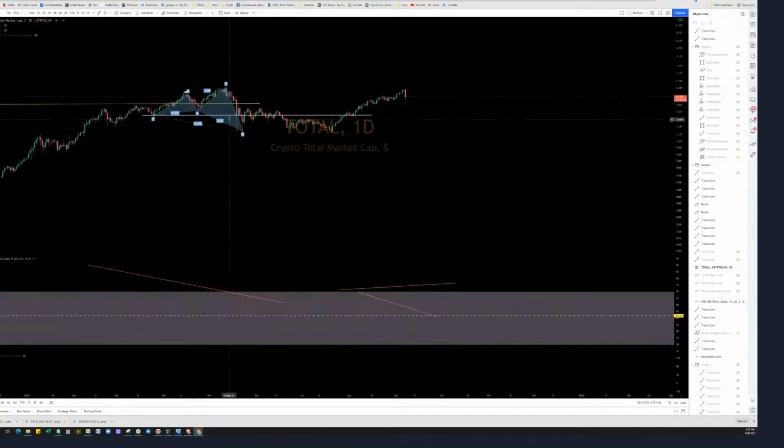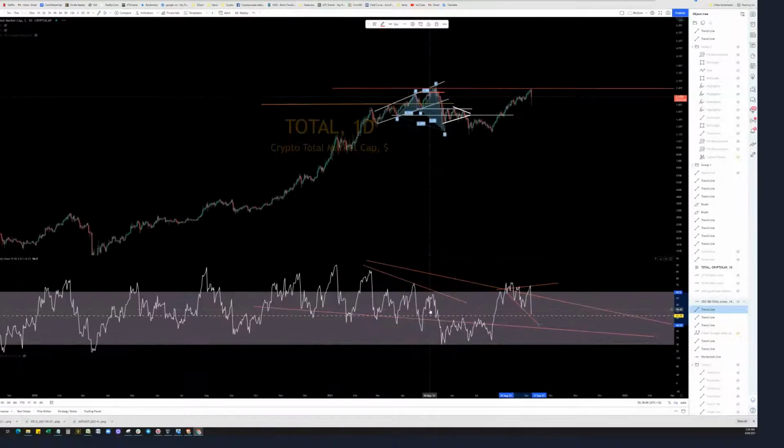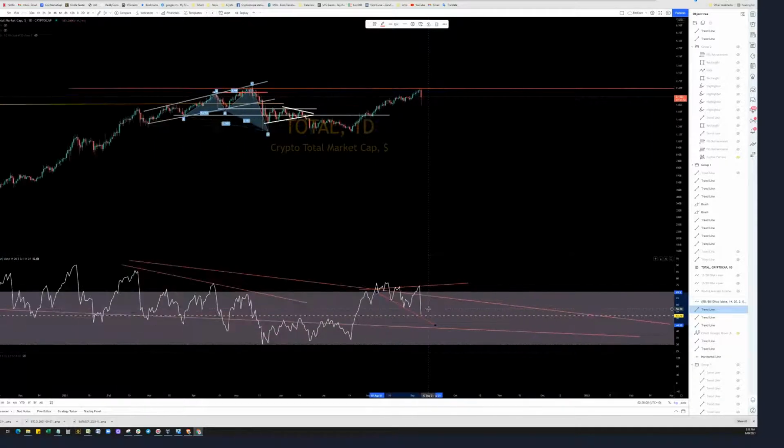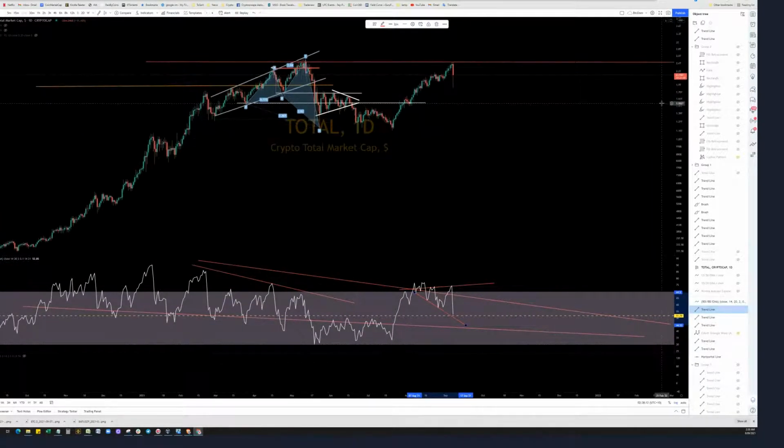Let's look at the 1 day. Yeah, so the 1 day is even more prevalent. There you go. That's the line there. So it might go just a bit lower using this RSI, total market cap. So it's got a bit more lower to go based on this.